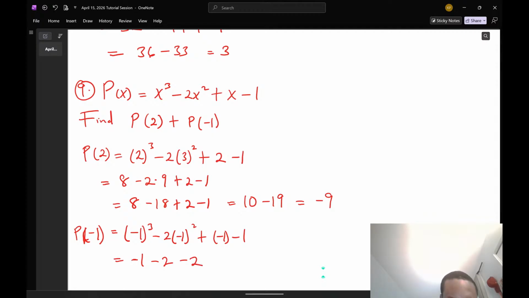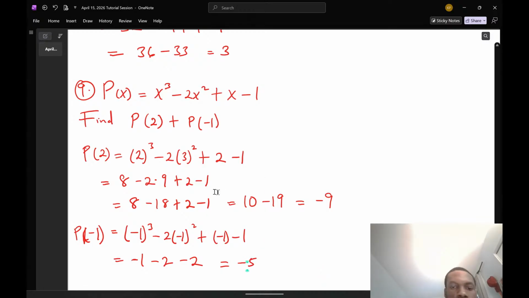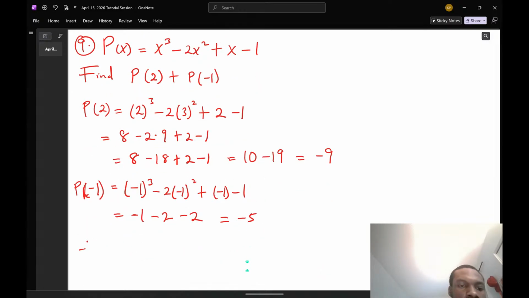So we have minus 5. Therefore, p of 2 plus p of minus 1 will be equals to minus 9 minus 5. In that case, that will give us minus 14.